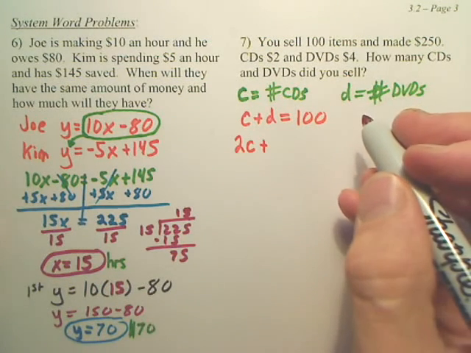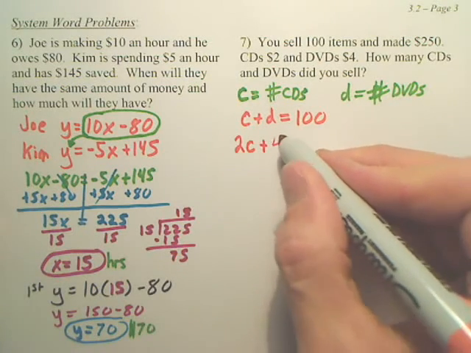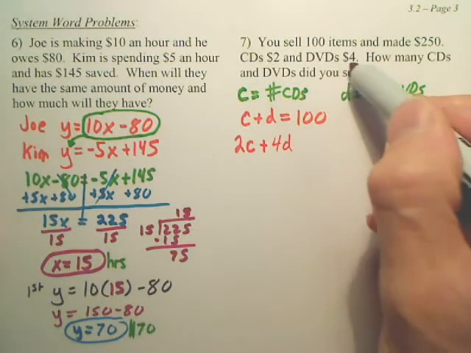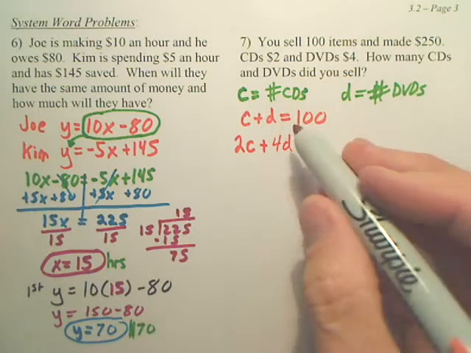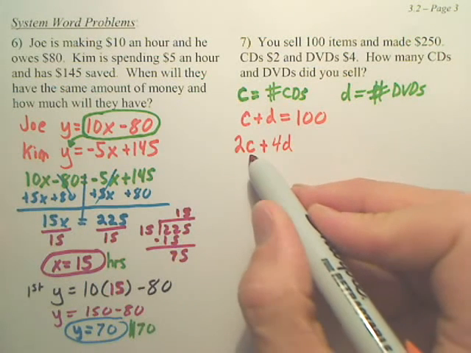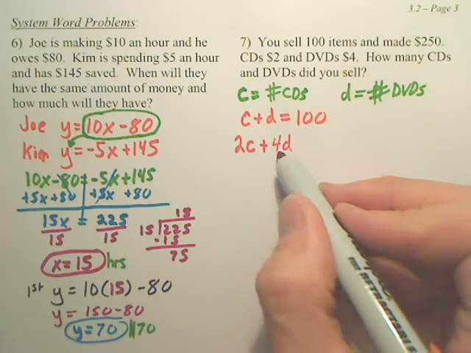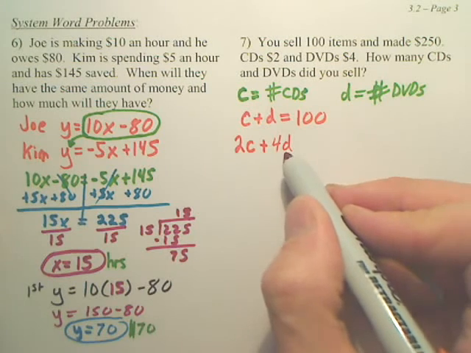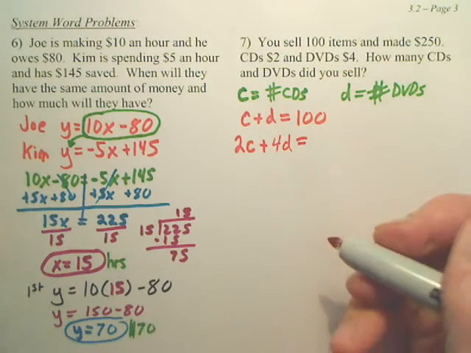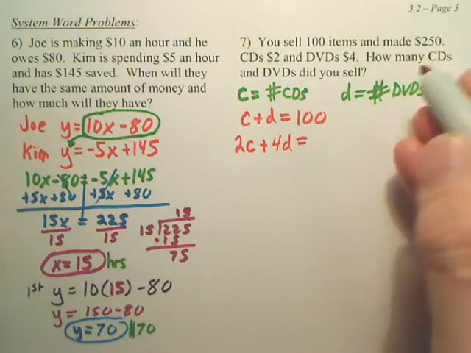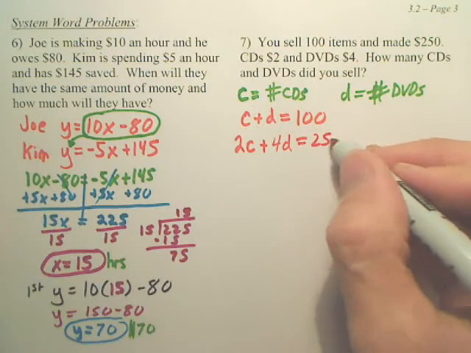How do I write how much I made off DVDs? It would be 4D, because aren't DVDs $4? So 2 times the number of CDs plus 4 times the number of DVDs, how much money should that add up to? Should add up to $250.